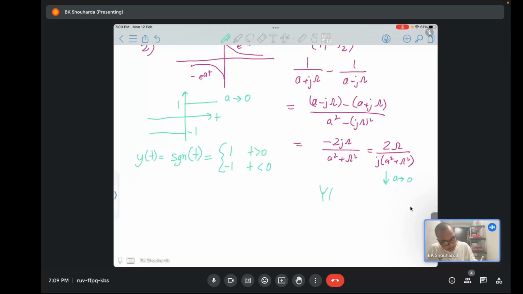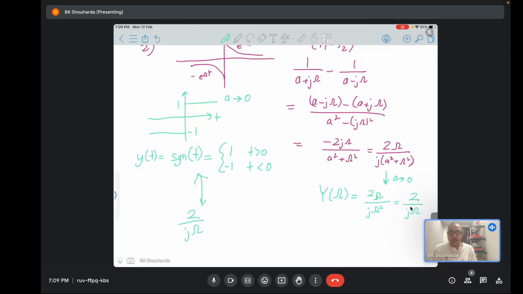We get the transform as 2 omega by j omega square, and that's 2 upon j omega. So the signum function has a frequency response 2 by j omega.